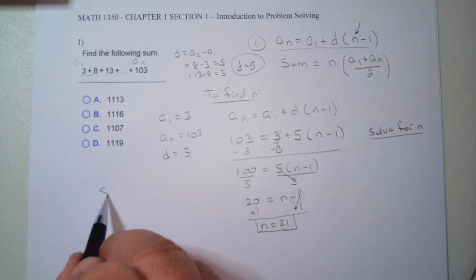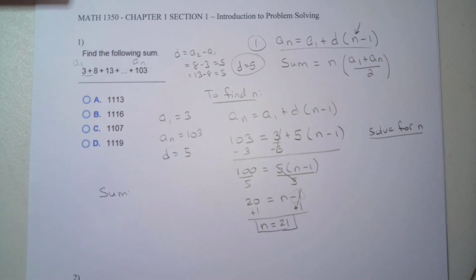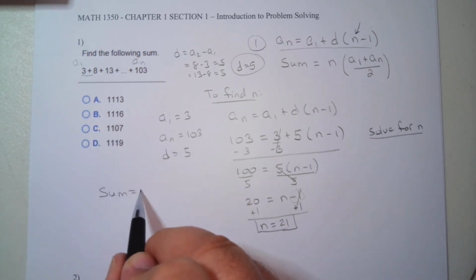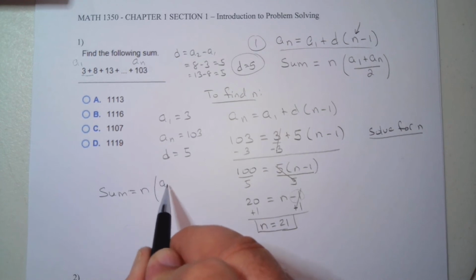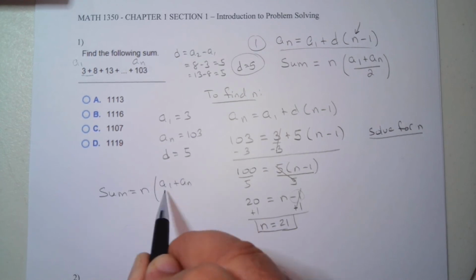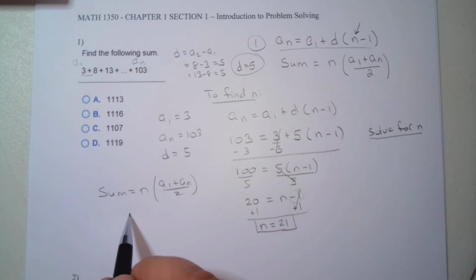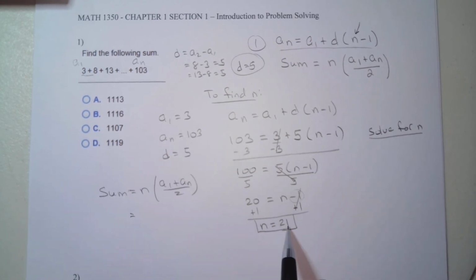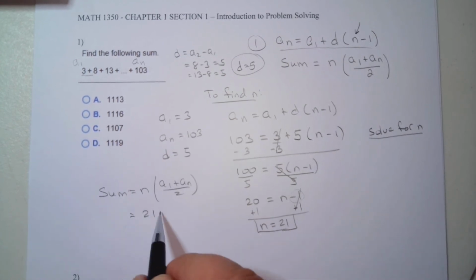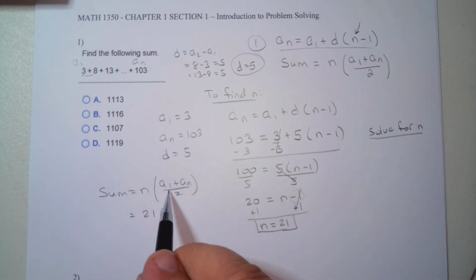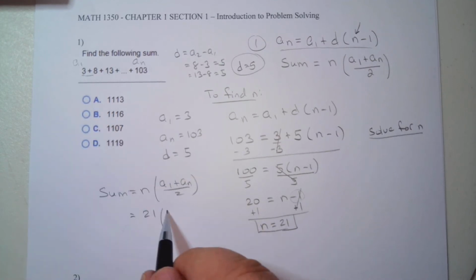So the sum of the series of numbers is n times a1 plus an, over 2. Remember, n is 21. A1 is 3.